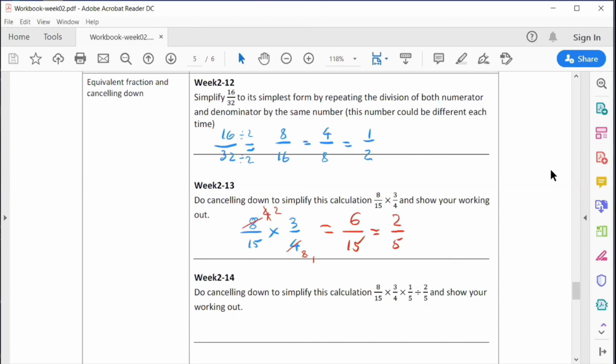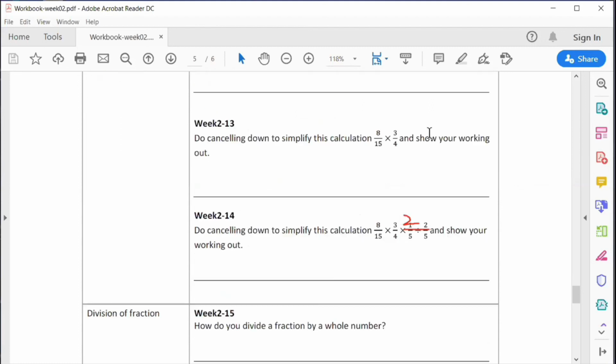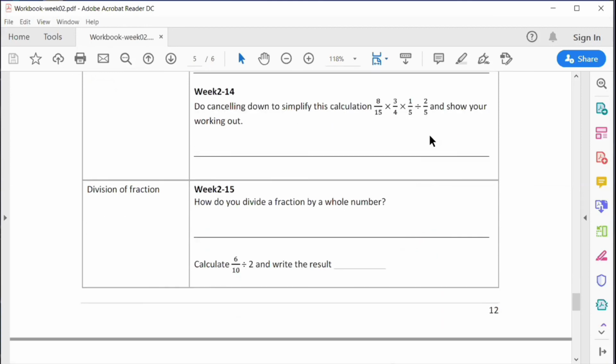All right. The next one is question 14. So we shift that a bit up. Now do canceling down to simplify this calculation and show your working out. By now it's pretty simple.